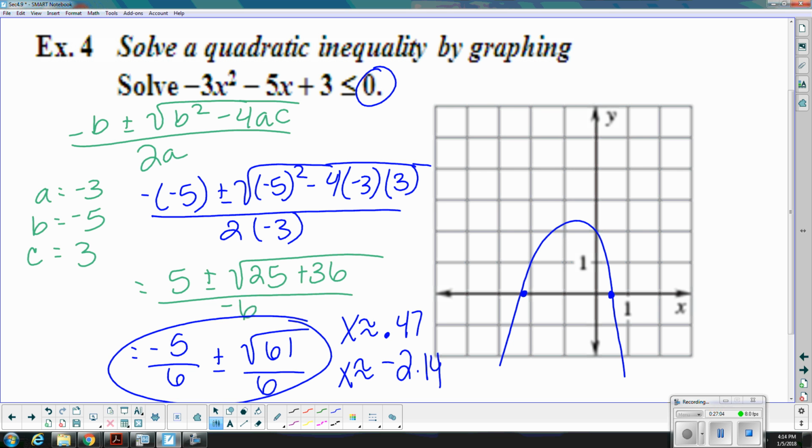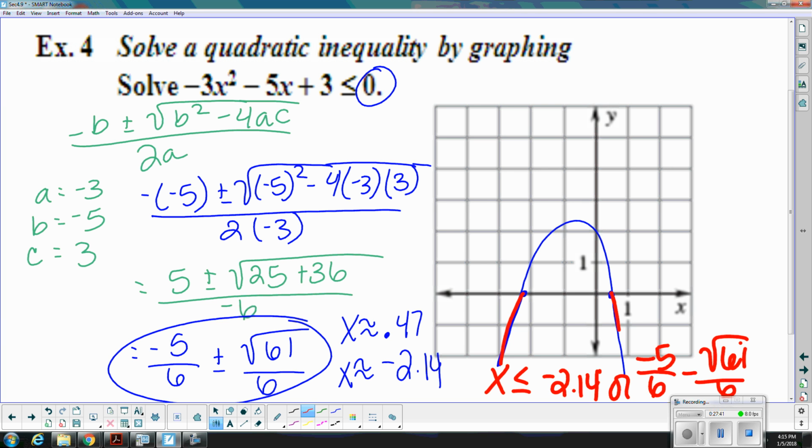So our outputs for our x's are less than or equal to 0, so they're on or below the axis when x is less than or equal to approximately -2.14, or -5/6 minus the square root of 61/6.